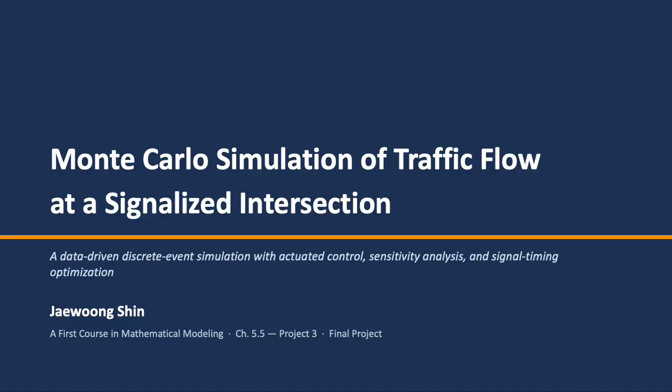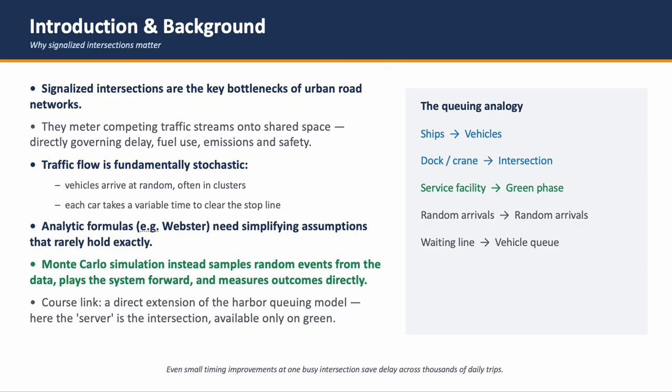Let's start with why this problem matters. Signalized intersections are the key bottlenecks of any urban road network.